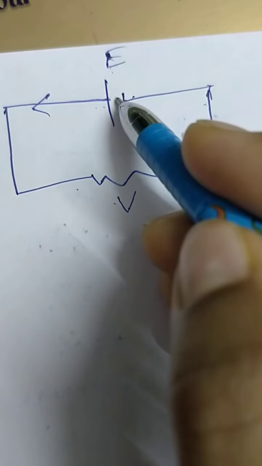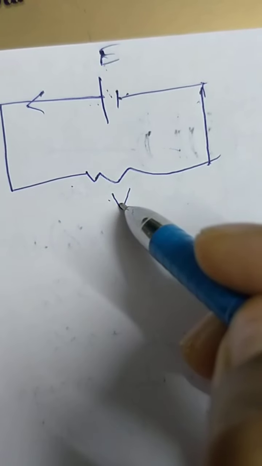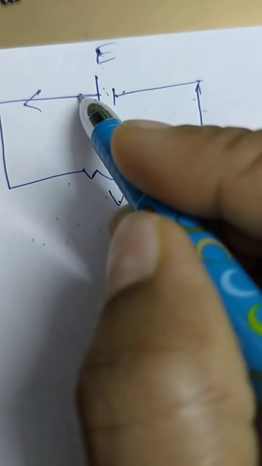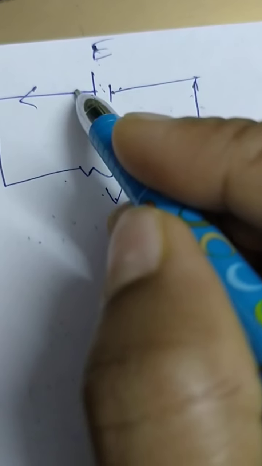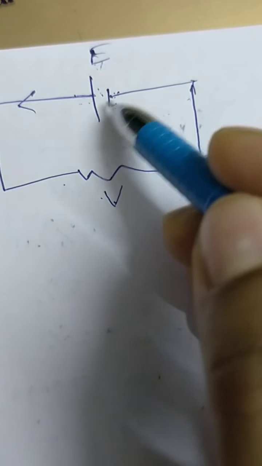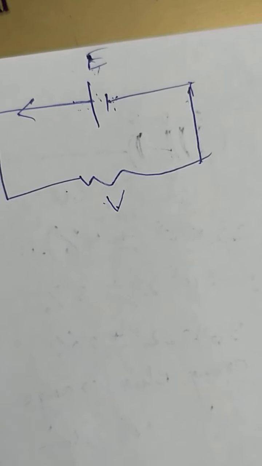The potential dropped inside the cell, when you subtract it from the EMF, gives you the terminal potential difference. Terminal potential difference is the potential difference between the two terminals of the cell when it is in a closed circuit. And EMF is the potential difference between the two terminals of the cell when the cell is in an open circuit, with no current flowing through it. This is the difference between EMF and potential difference.